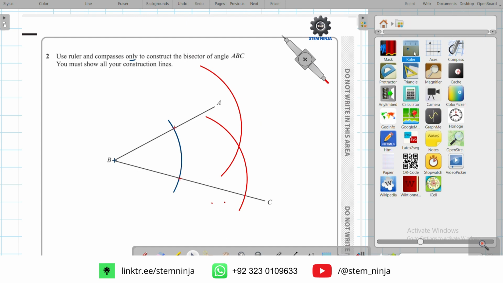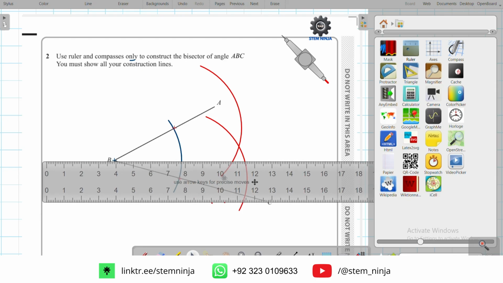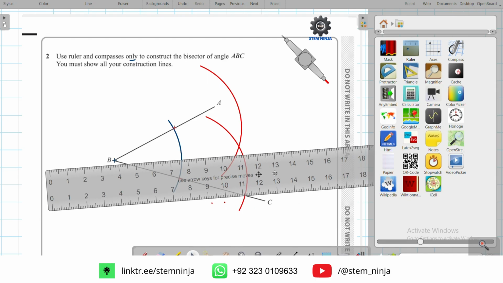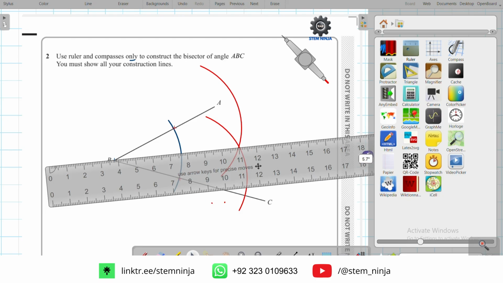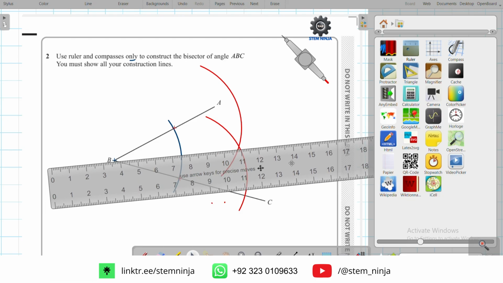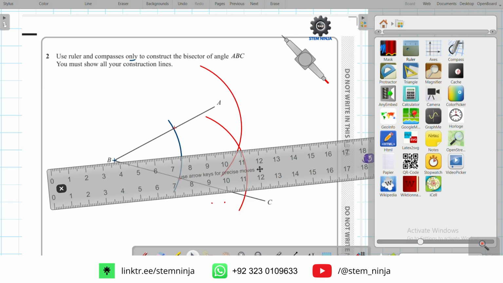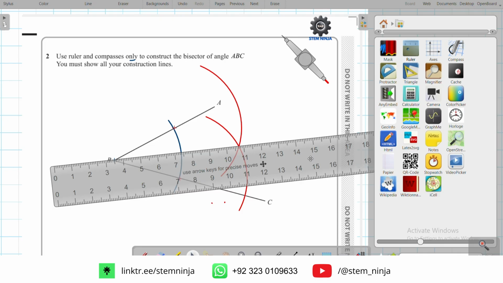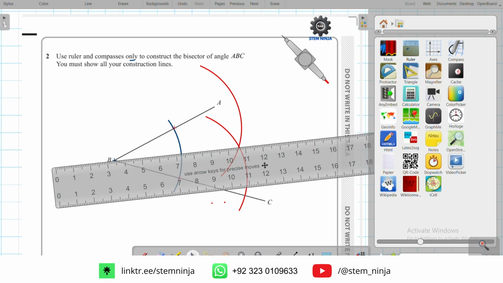For this we need a ruler. Join these two points a little bit further. Almost. Right, that's it. Black. That's your angle bisector.